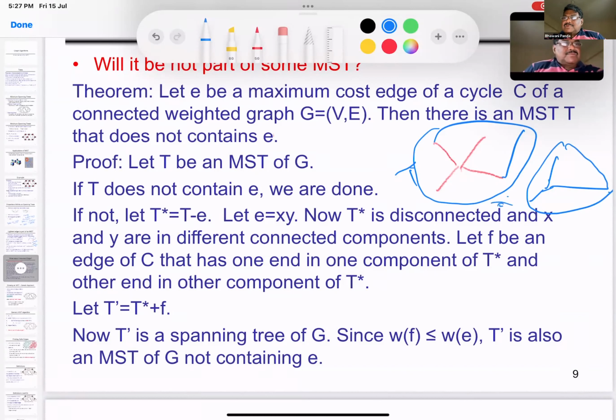One of them was the edge that we have deleted. Let F be an edge of C. Where is C? It is the cycle.